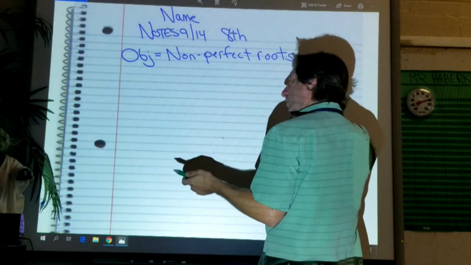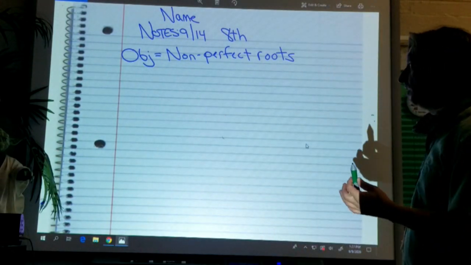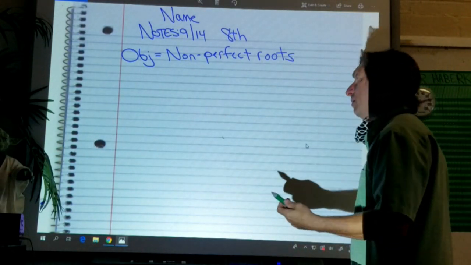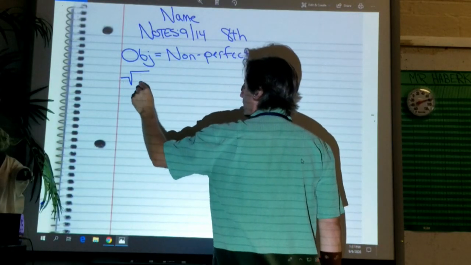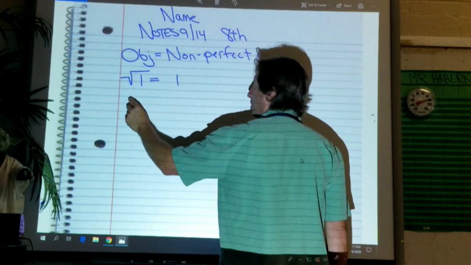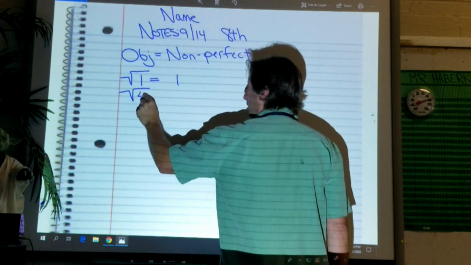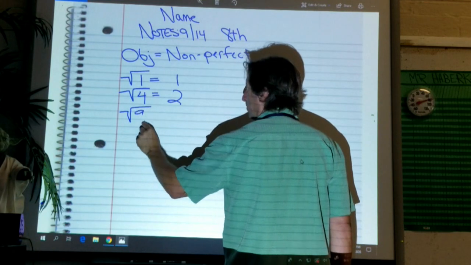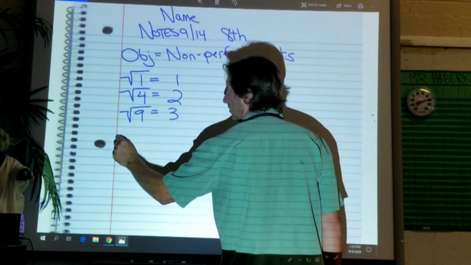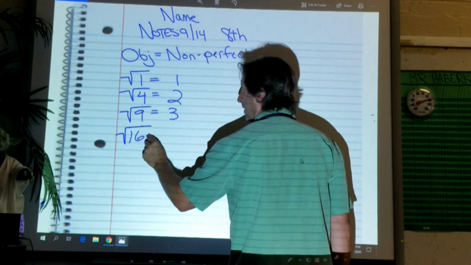All right, so we're going to write down what all the basic square roots are. I want you to write this in your notebook. I want to start memorizing these things. Just the first 10. So we know the square root of 1 is 1 times 1. Square root of 4 is 2 times 2. Square root of 9 is 3. And on and on.